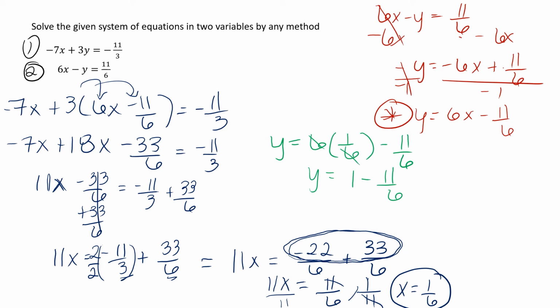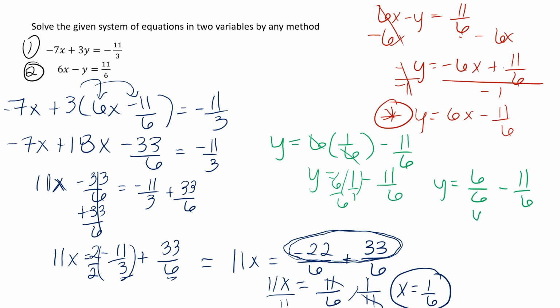To do this operation, I'm going to multiply 1, which is really 1 over 1, times 6 over 6, because the only way to subtract them is if they have the same denominator, right? So y equals 6 over 6 minus 11 over 6. 6 minus 11, I get negative 5.